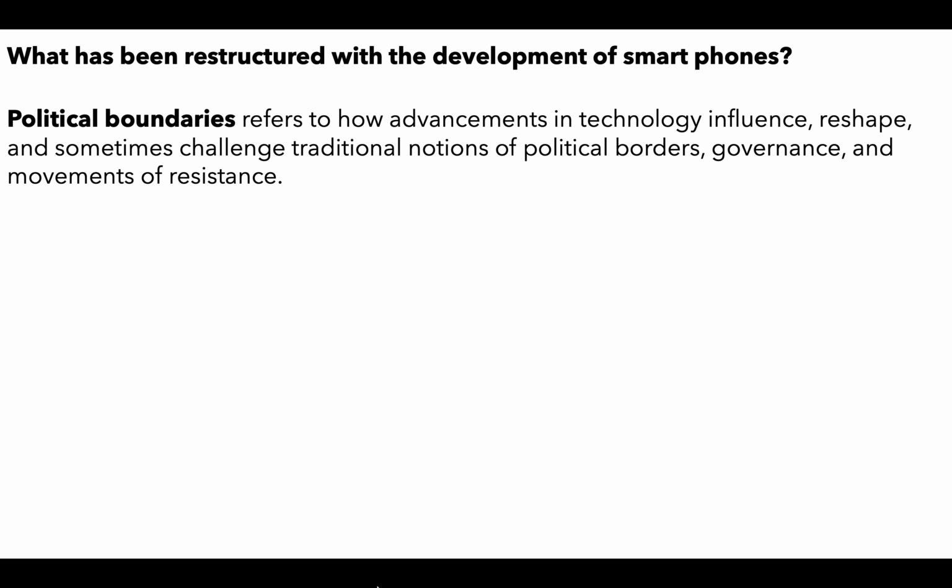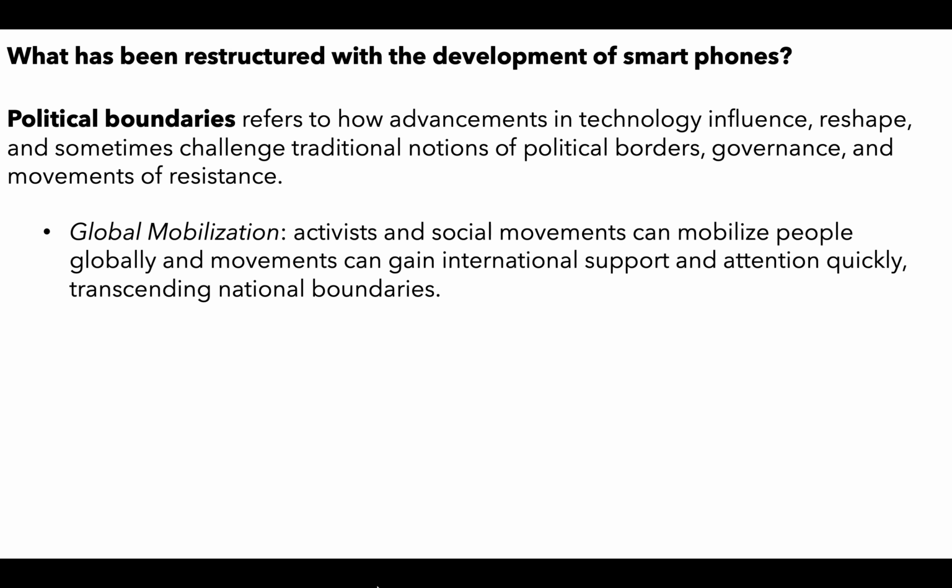And then, what has shifted in our political boundaries with technological influences, right? How has that challenged notions of political borders, of governance, of resistance? So activists and social movements can mobilize quickly and globally to gain international support or attention, and that really can transcend national boundaries, right?